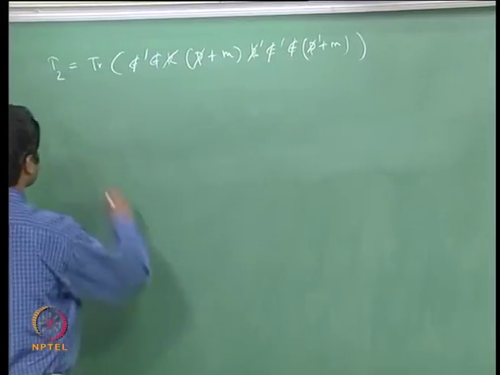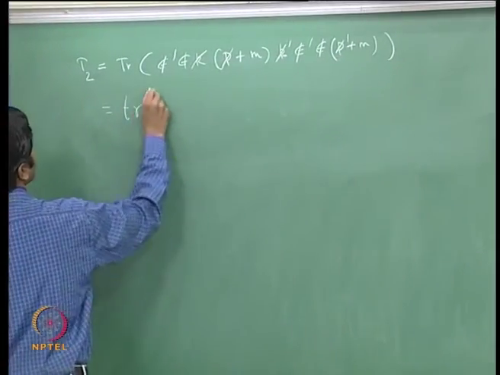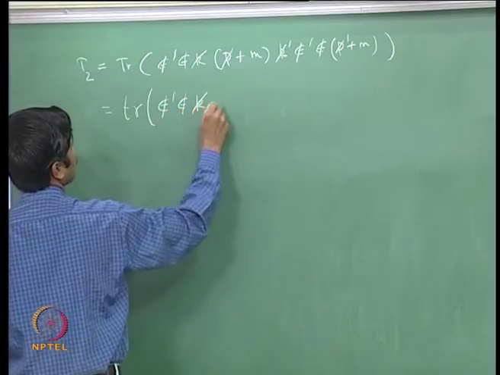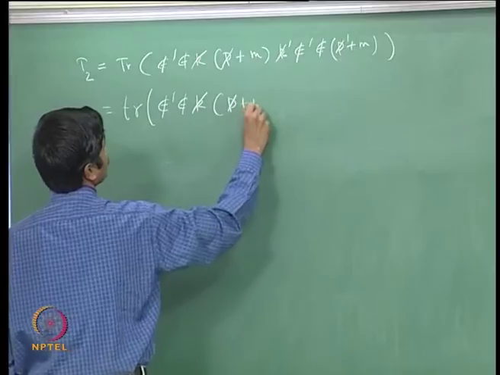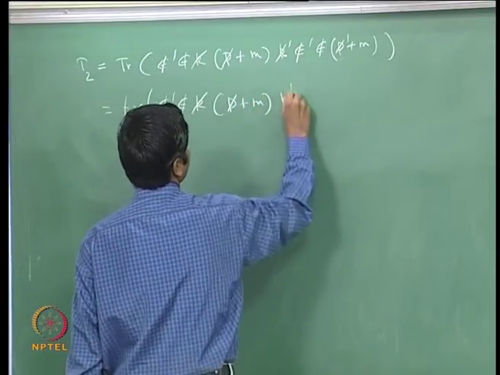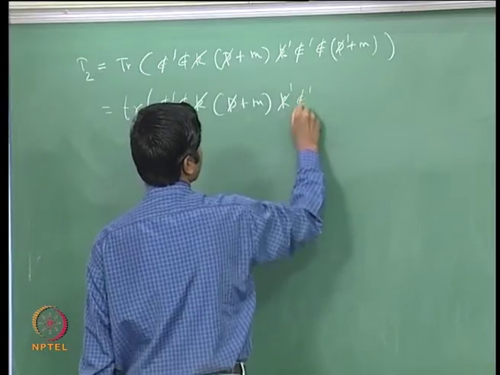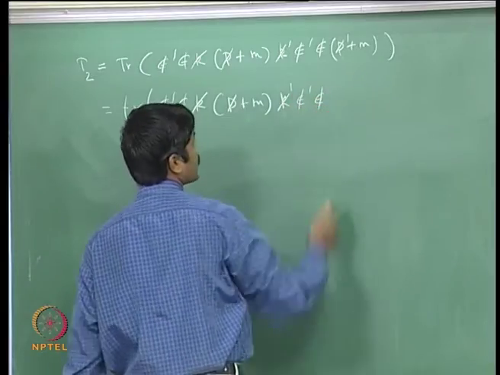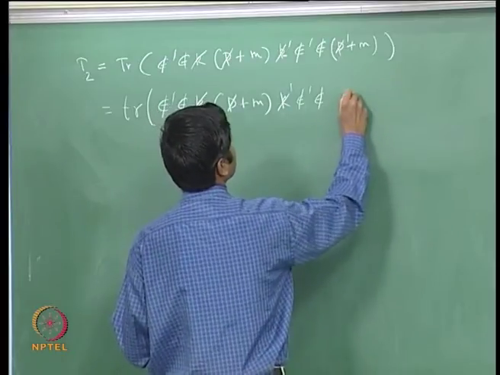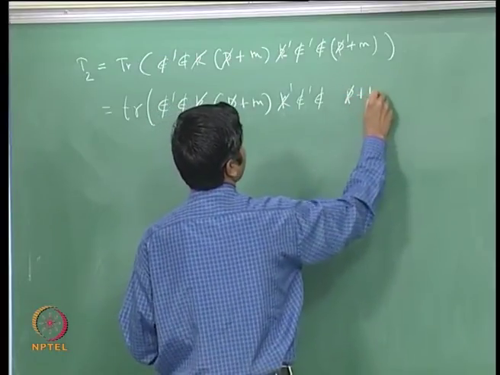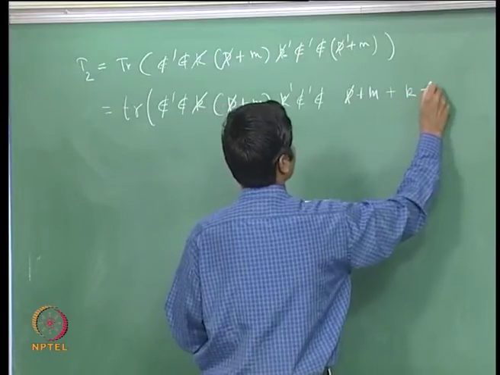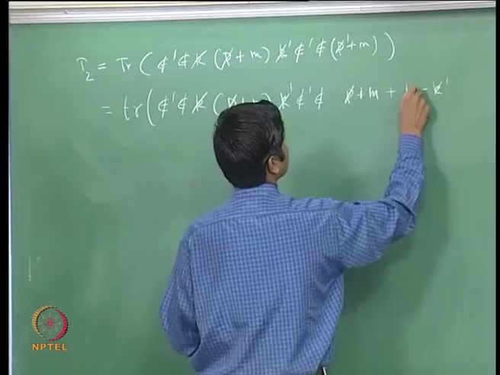So, when I do that, I get trace epsilon prime slash, epsilon slash, K slash, P slash plus M, and K prime slash, epsilon slash, this quantity is just P slash plus M plus K minus K prime slash.